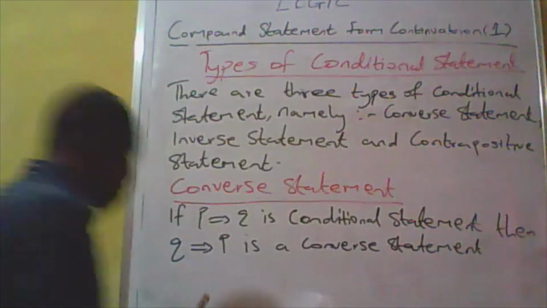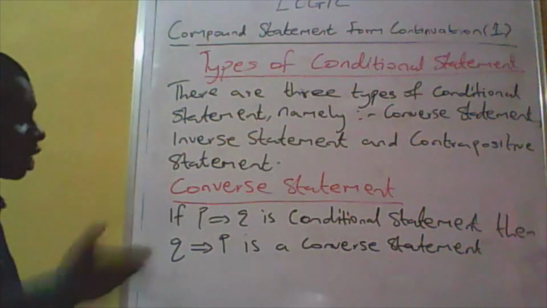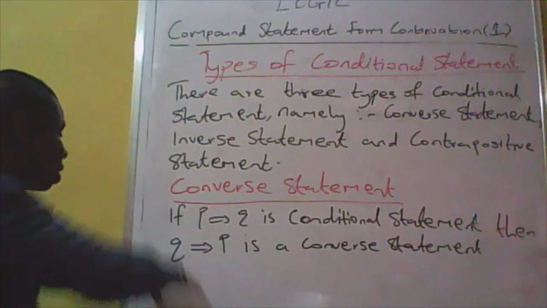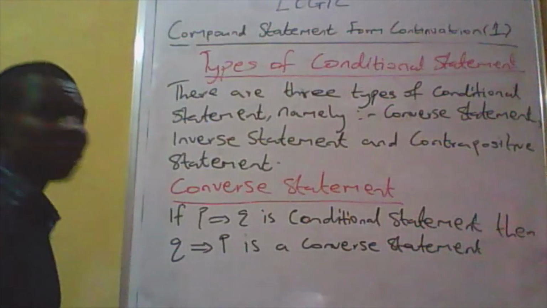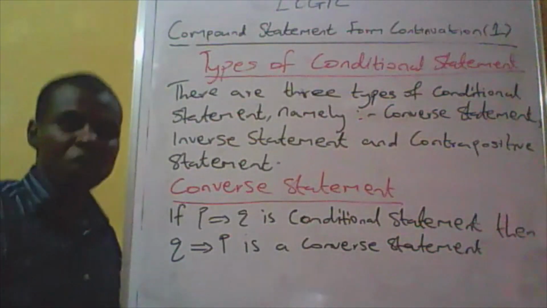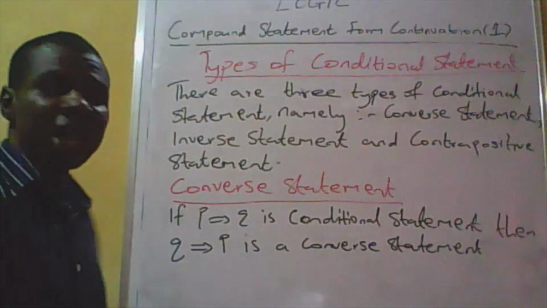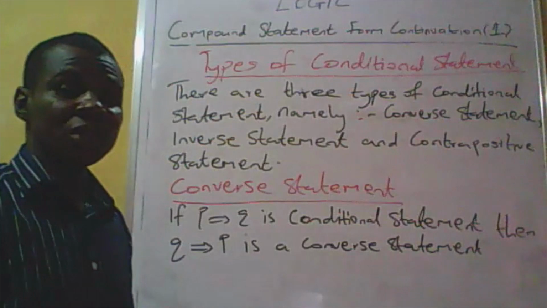We have seen that we have P implies Q as a conditional statement. If this is a conditional statement, that means Q implies P is our converse statement. What do we mean? Here we can say that Q now has become the antecedent, while P is the consequent.